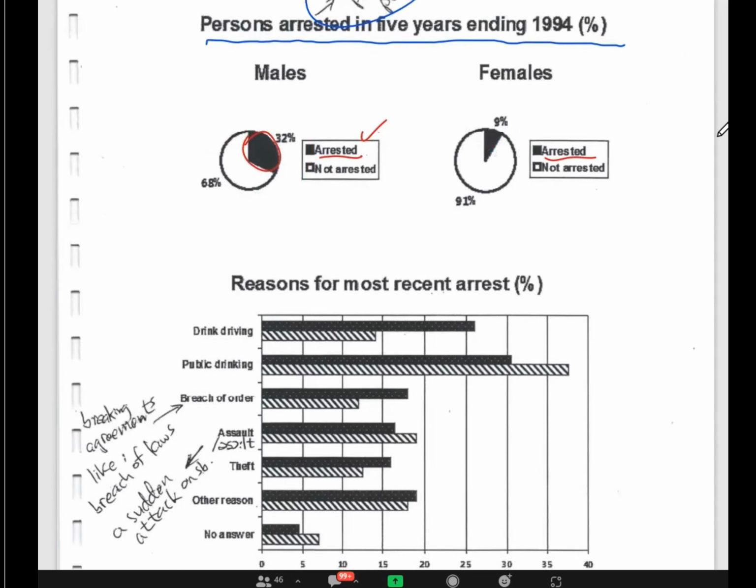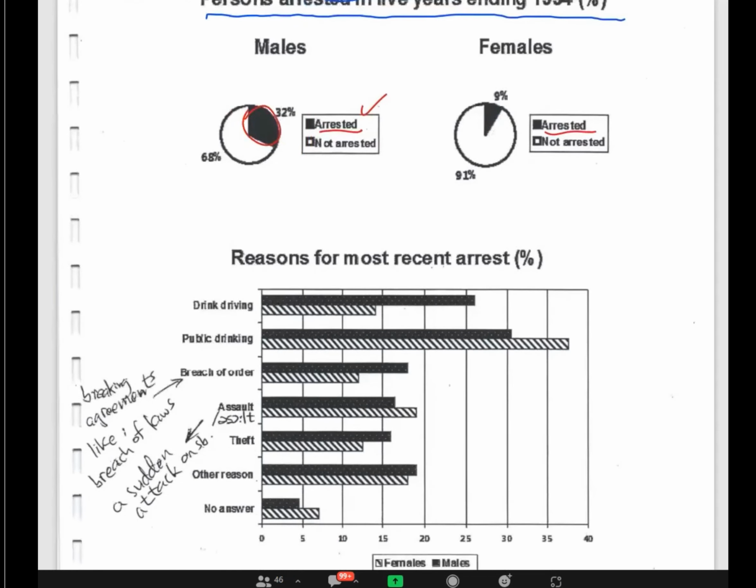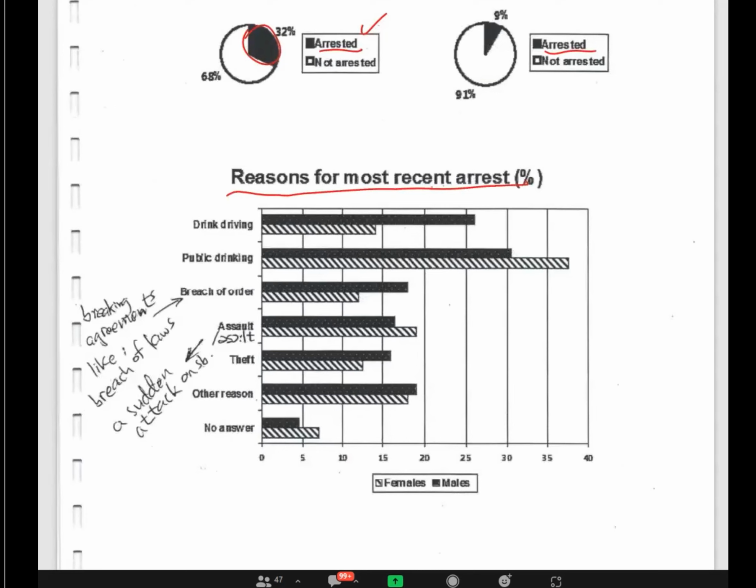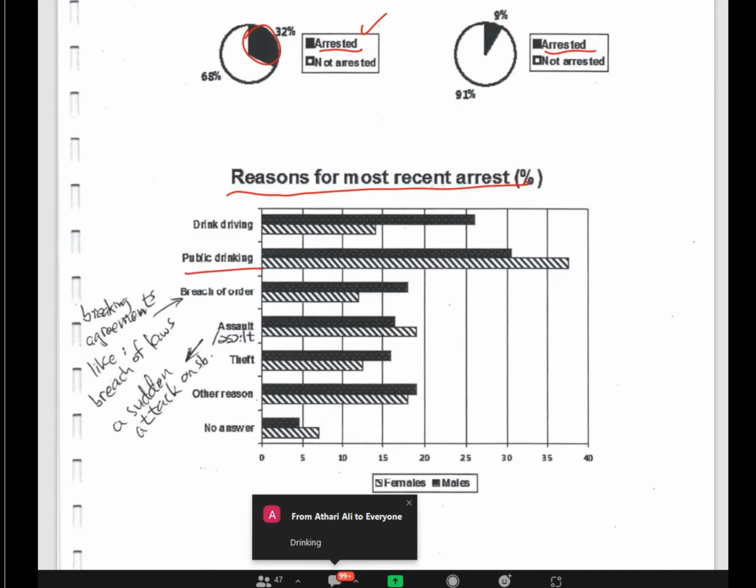So that is the first trend. Now, if we look at the reasons for the arrest, what is the trend here in the reasons? Public drinking. Here, see?